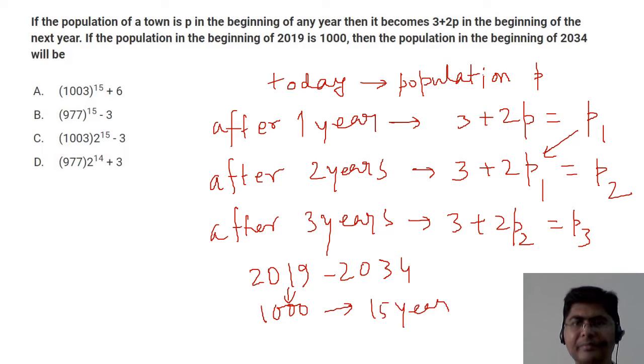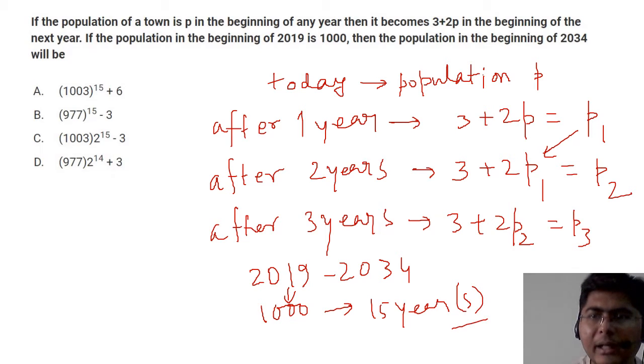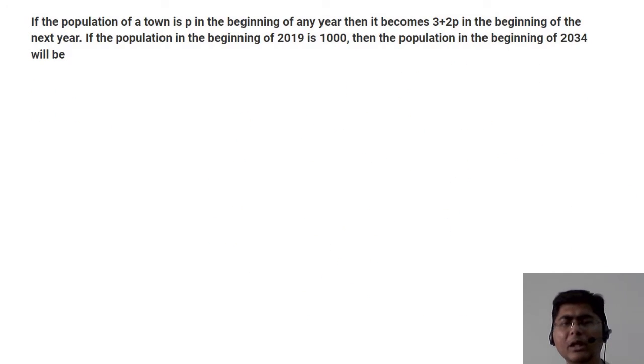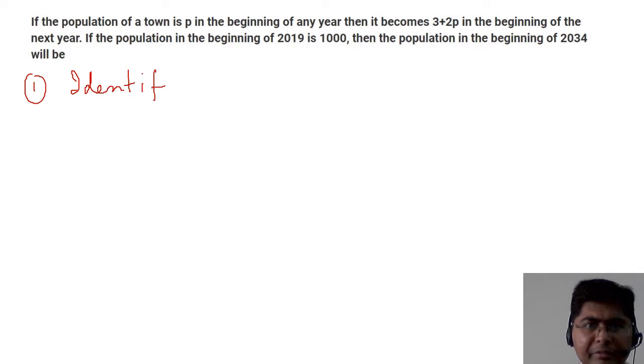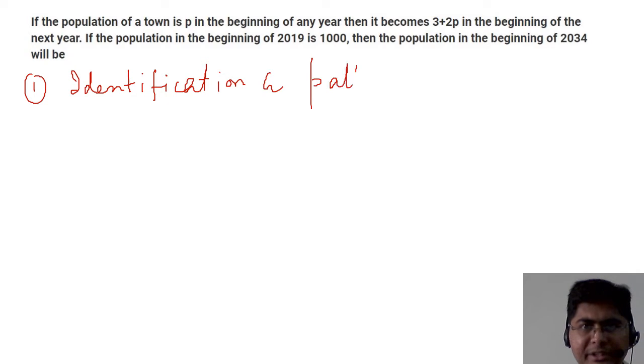Was that clear? Okay. Now we are going to use two core concepts here. What are the core concepts we are using? First, identification of a pattern of a series.